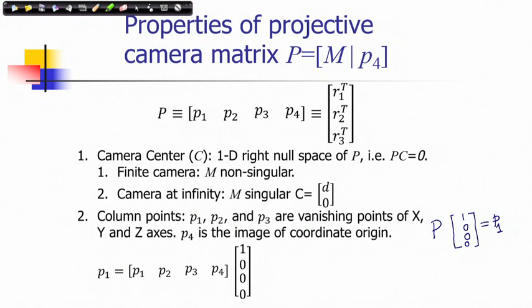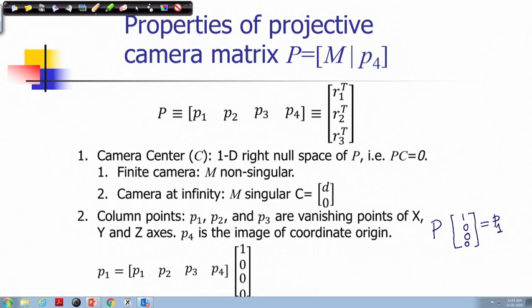The other interesting fact here: what about P4? P4 you can get when you consider a point 0 0 0 1. If you multiply with the projection matrix P, then you will get P4. What is this point?